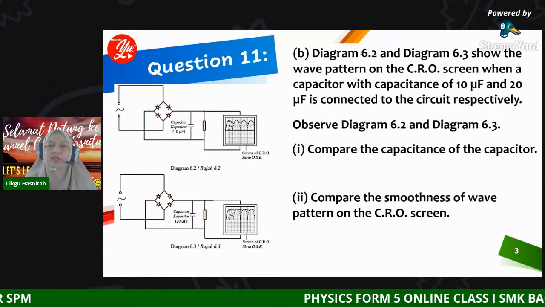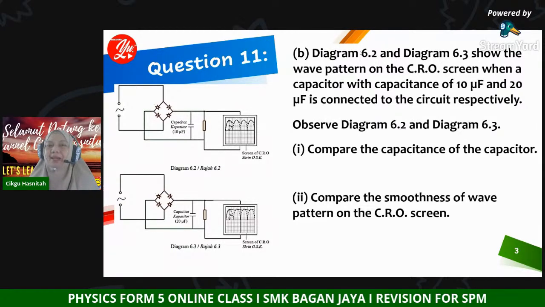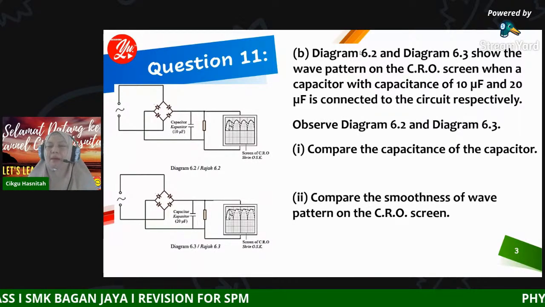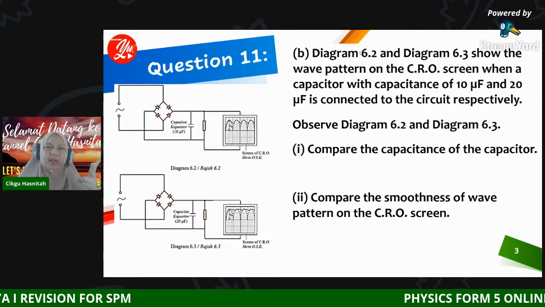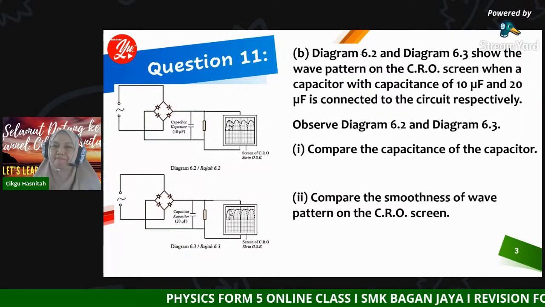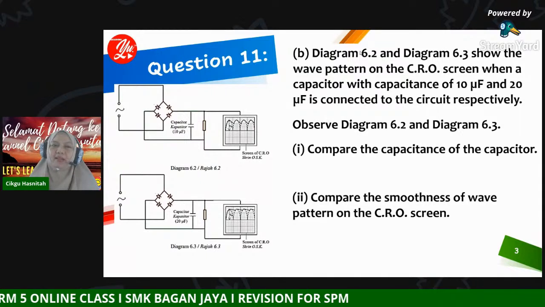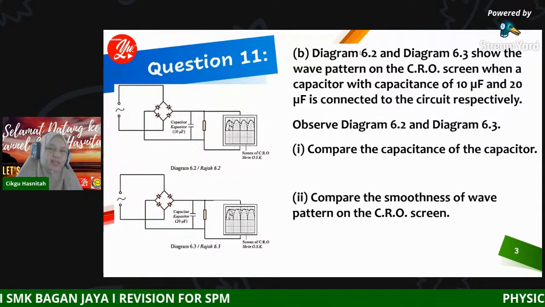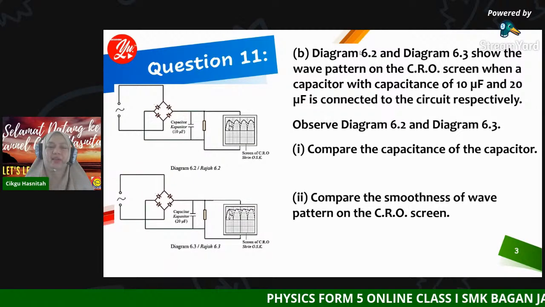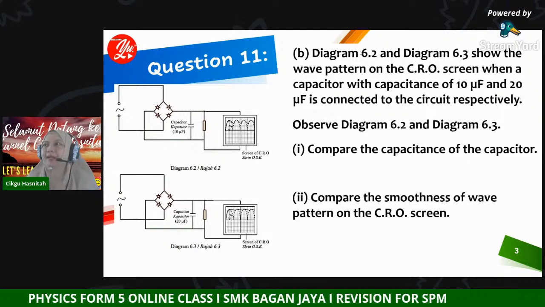Who remembers how many marks question 6 in paper 2, section A allocates? If you count all together, question 6 allocates 8 marks. Question 6 and question 5 are the same type of questions. They allocate 8 marks.